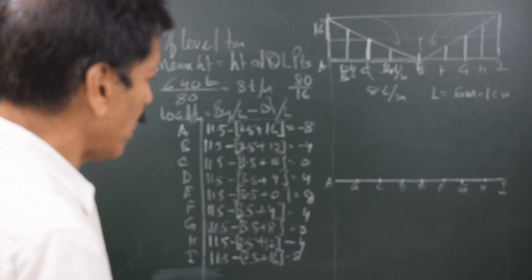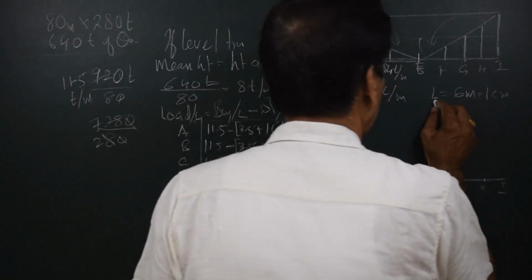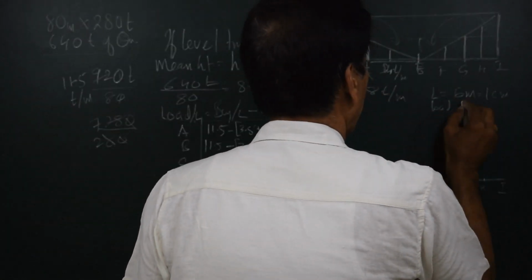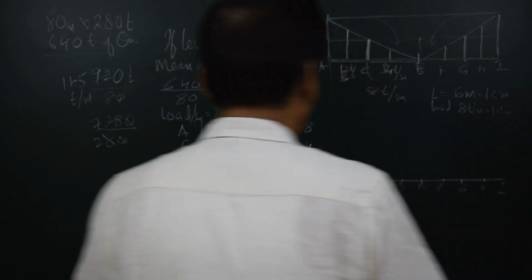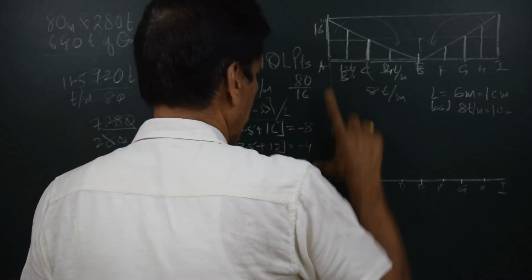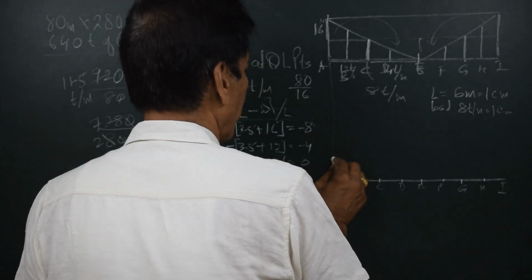Let me select the scale. Say I want to fit the load curve into 8 centimeters, so for the load I can take tons per meter is equal to 1 centimeter. So I will draw it a little closer to fit the graph.